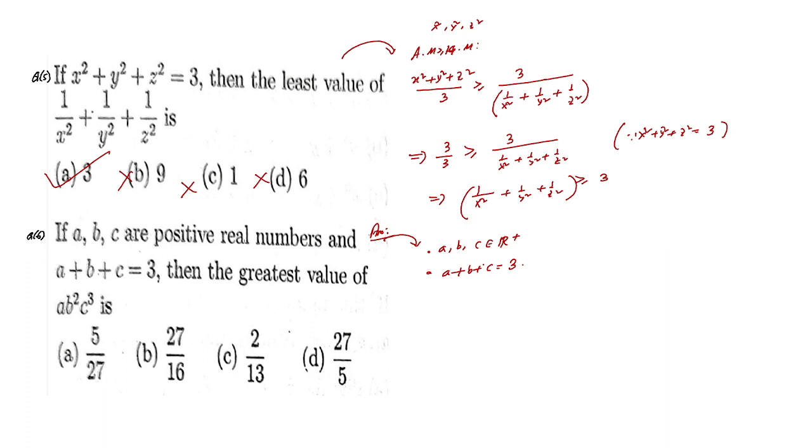Now here we will apply the weighted arithmetic mean greater than or equal to weighted geometric mean theorem. So we recall some basic facts, then we will apply the theorem.